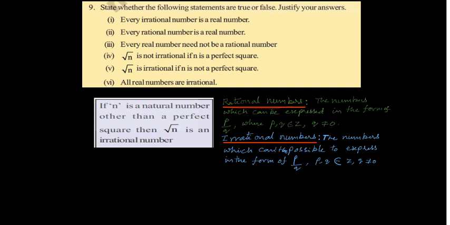That means the combination of rational and irrational, both together, are called real numbers. What is the statement here? Every irrational number is a real number or not? As per the definition, you may write like this. You write the solution for the first one.